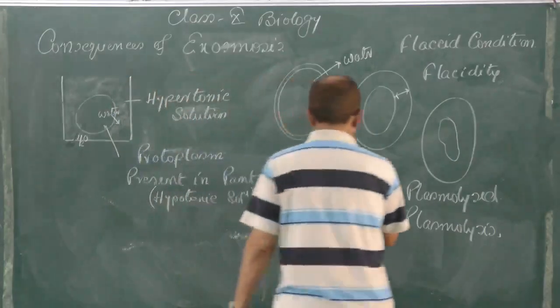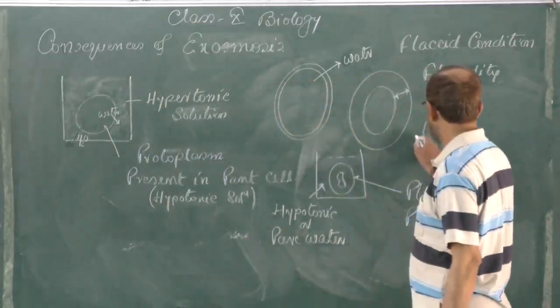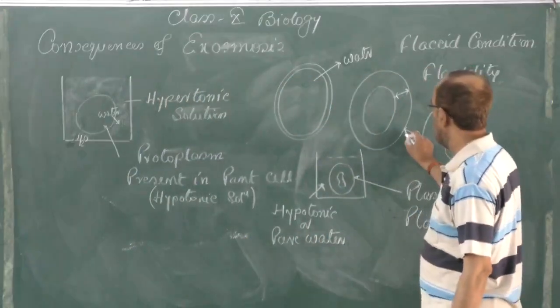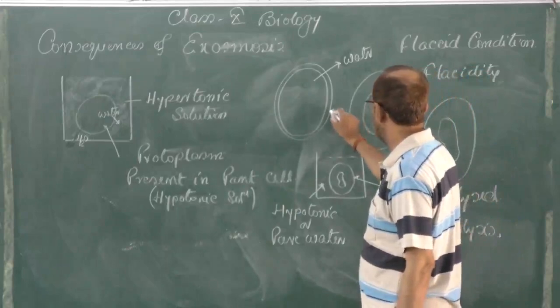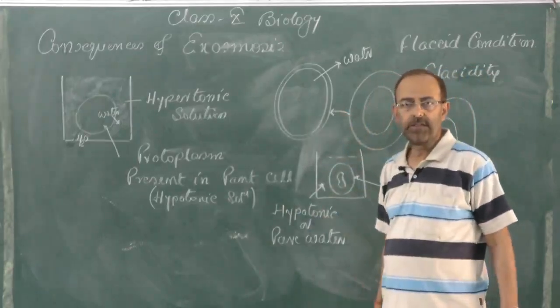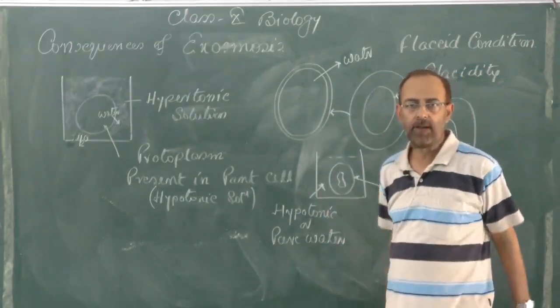Means the plasmolyzed cell will first change into flaccid cell, and the flaccid cell will return back to a normal cell.